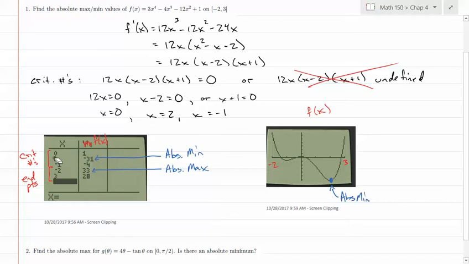That's actually at the point 2 comma negative 31, which you can see there. And then the absolute maximum is actually right here. That happens to occur at the left endpoint, right? That's when x is negative 2 and y is 33. And you can see that on the graph also.